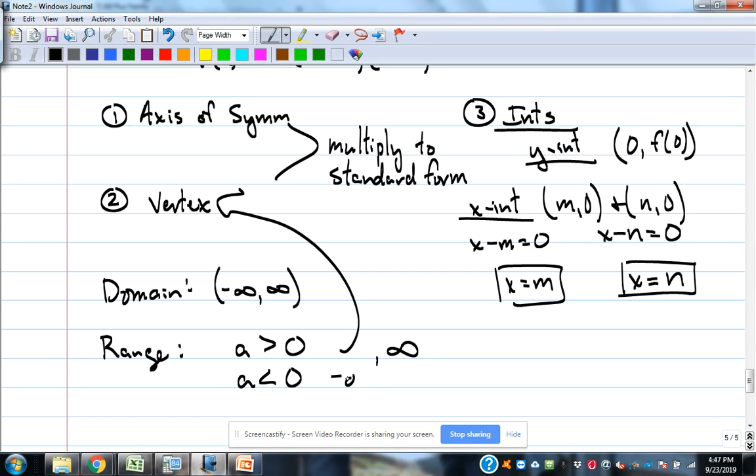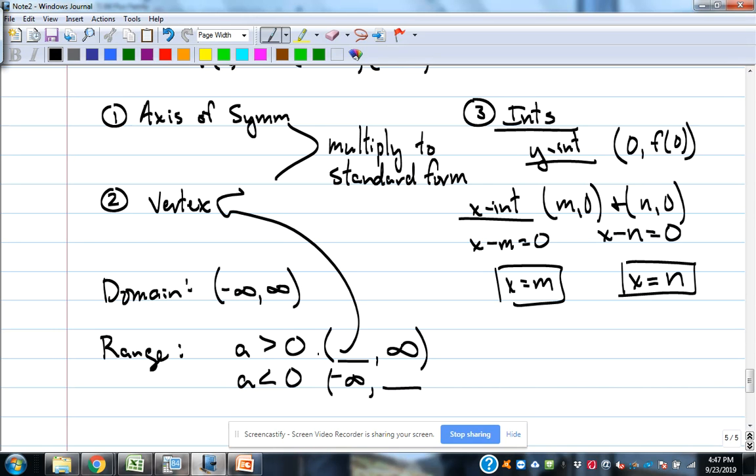I'm going to put a blank there, and those blanks come from the vertex, what we noted in the standard form. Remember, to get the axis of symmetry in intercept form, we're going to multiply the problem back out into standard form to get that.